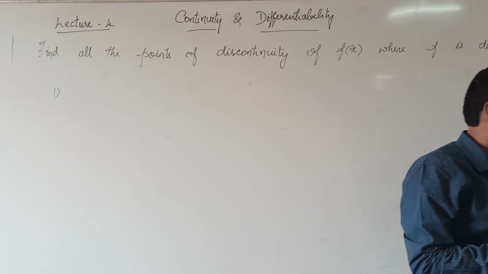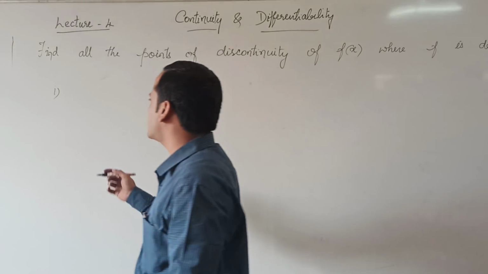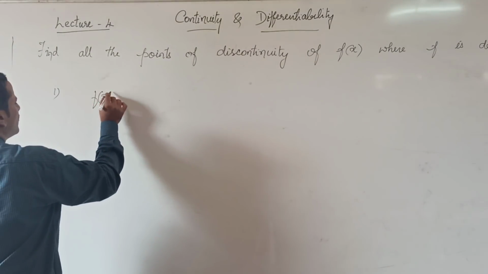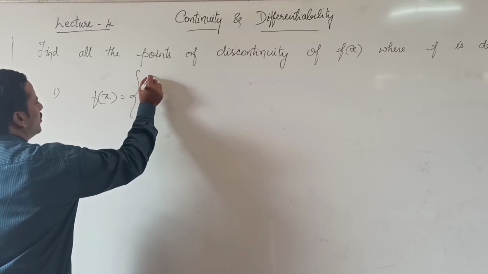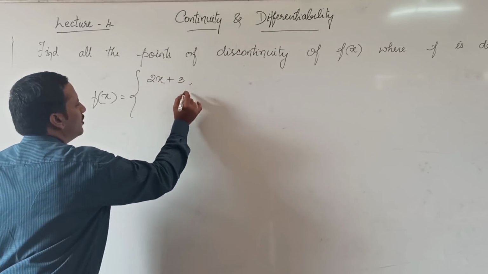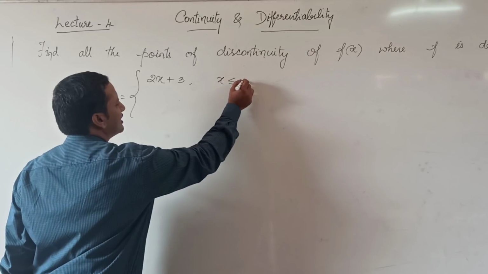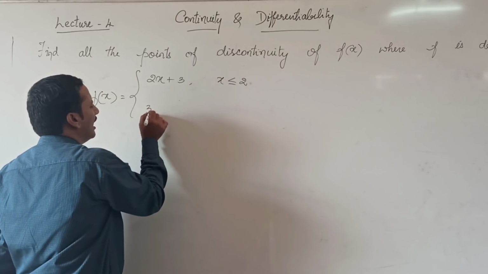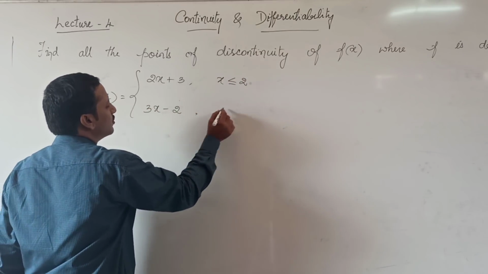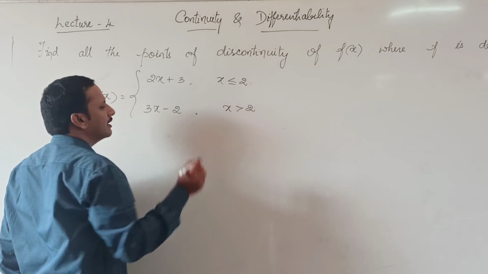The function f is defined by f of x is equal to 2x plus 3 if x is less than or equal to 2, and 3x minus 2 when x is greater than 2.